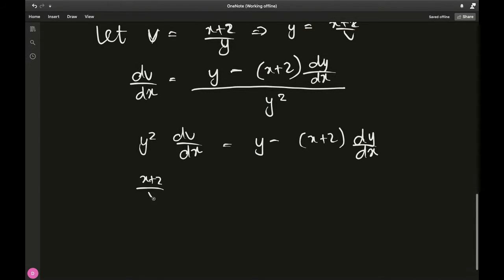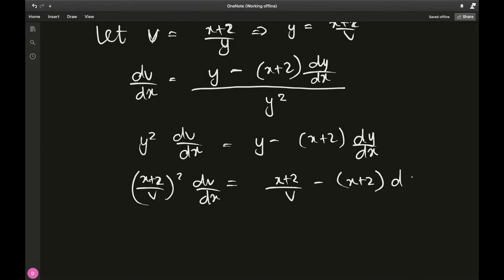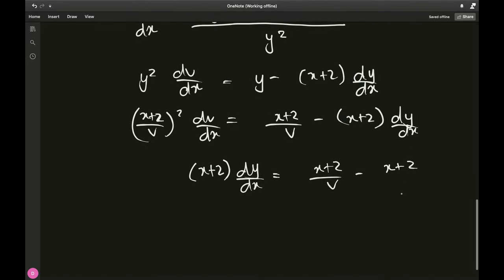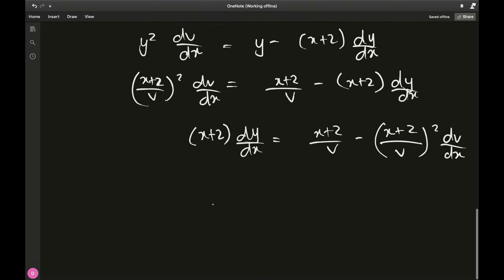So x plus 2 over v whole thing squared, dv over dx, is equal to x plus 2 over v minus x plus 2 dy over dx. So I can rearrange some terms. I'll have x plus 2 times dy over dx being equal to x plus 2 over v minus x plus 2 over v the whole thing squared, dv over dx.